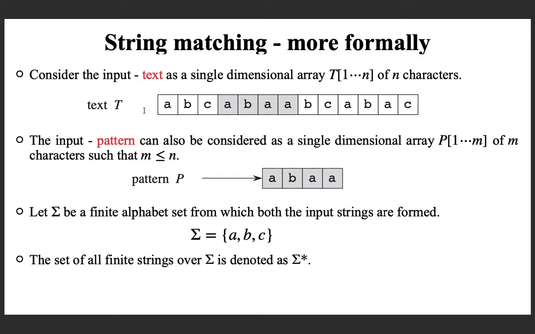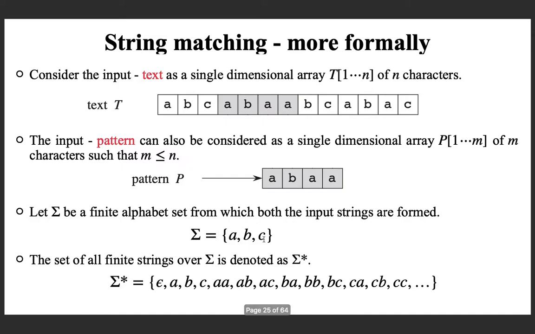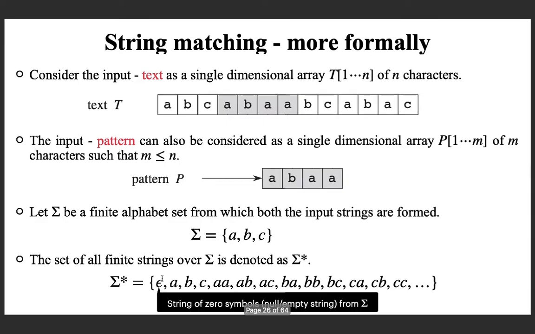And formally, the set of all possible strings over an alphabet set sigma is denoted as sigma star, the set of all strings over sigma. For example, given sigma as the set {A, B, C}, sigma star can be this set, where epsilon is a string of 0 symbols called the null or empty string.